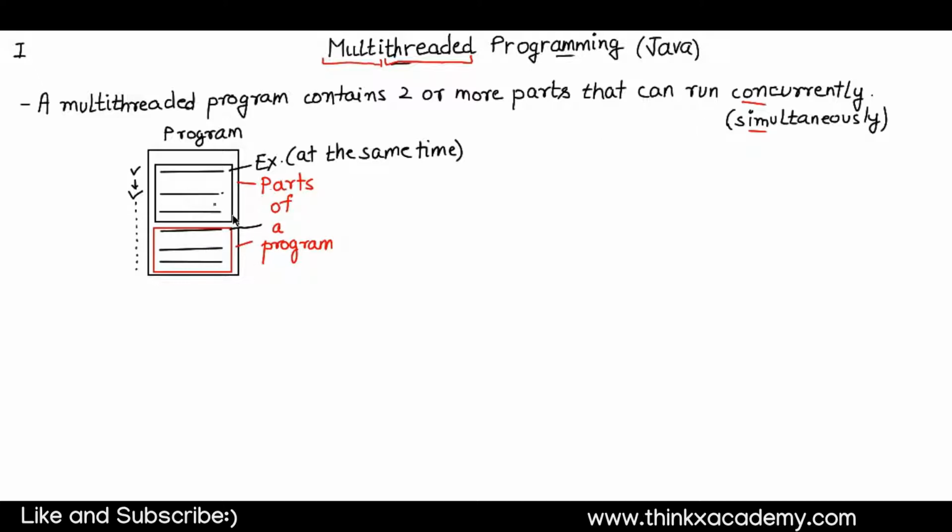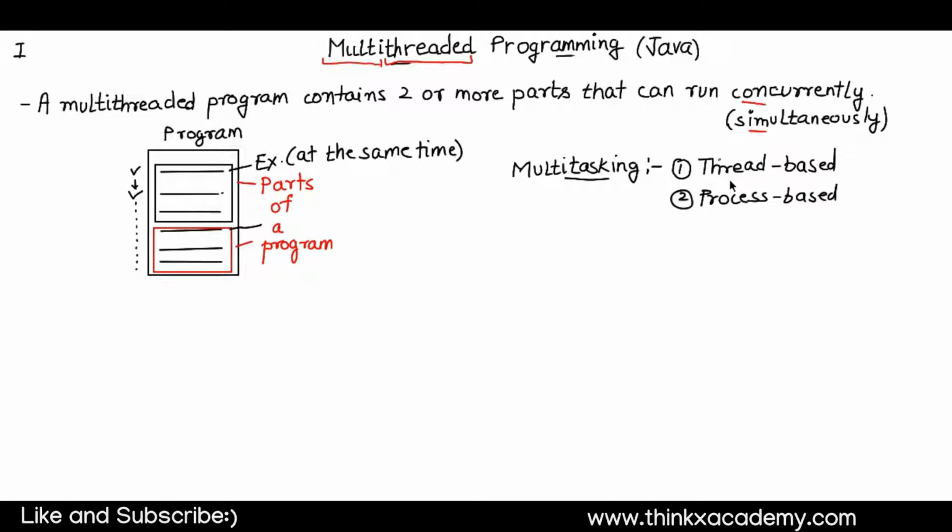People most often get confused between the terms multi-threading and multitasking. Multitasking is basically running two tasks at the same time. Multitasking is of two types. One is thread based and the other one is process based.